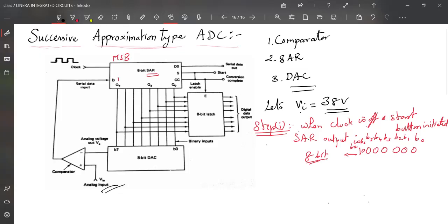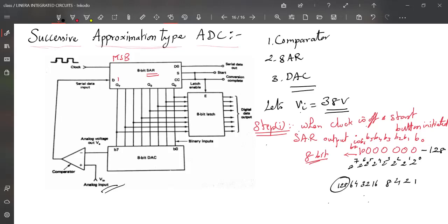The equivalent voltage for this 8-bit value will be 128, because the bit weights are 2 power 0, 2 power 1, 2 power 2, 2 power 3, 2 power 4, 2 power 5, 2 power 6 and 2 power 7. So this is 1, 2, 4, 8, 16, 32, 64, and 128.